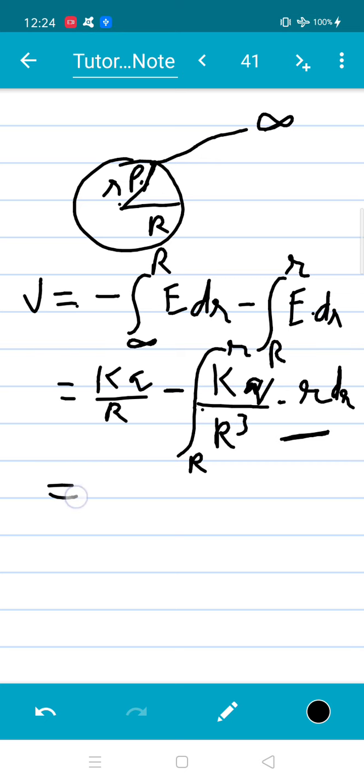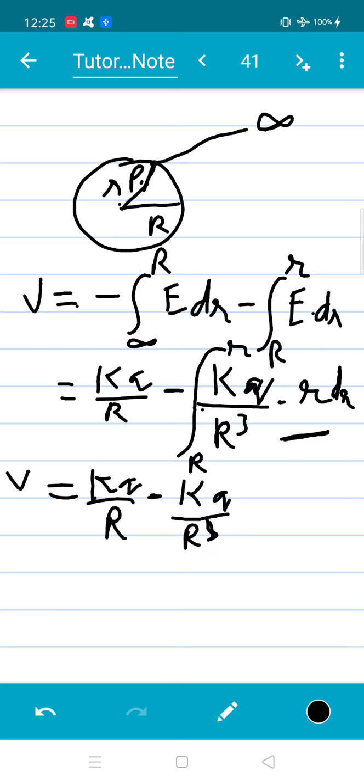Now if we solve this, this is your first term, which will remain as it is, and the second term will be kq upon capital R cube. Capital R cube will be outside the integration because we are integrating with respect to dr. So the integral will be of r only, which will be equal to r square upon 2, and then we apply the limits.